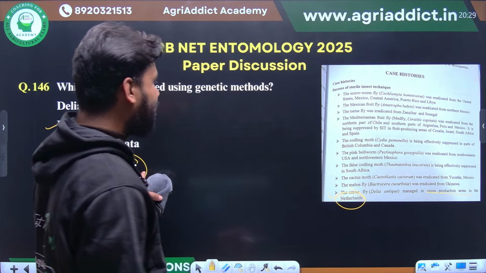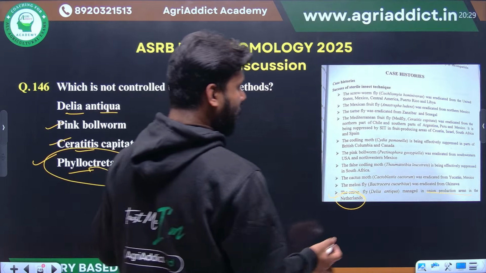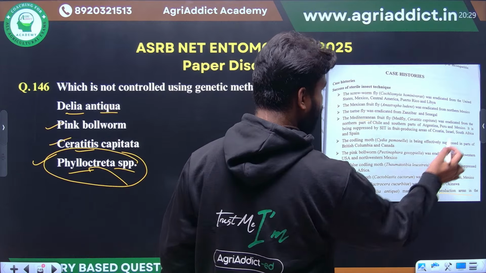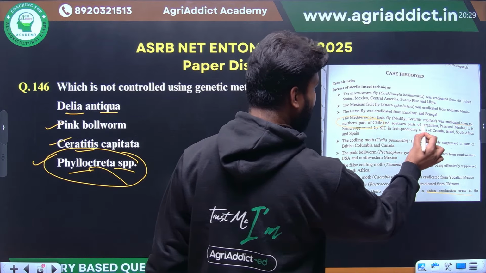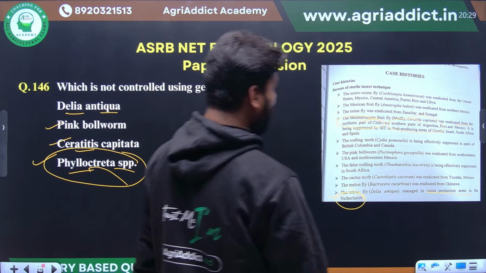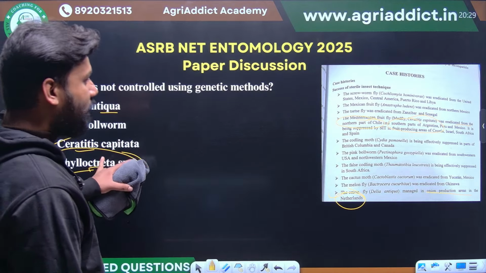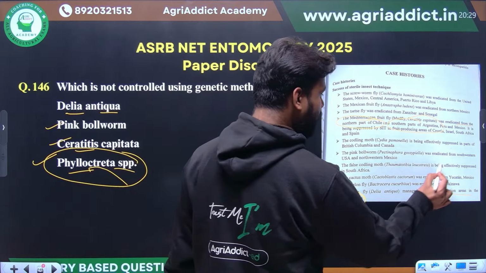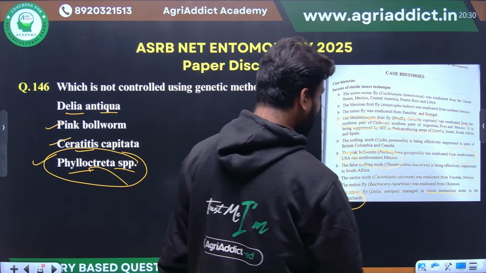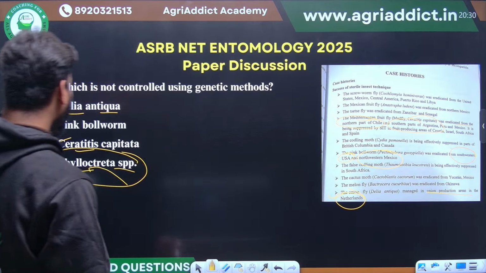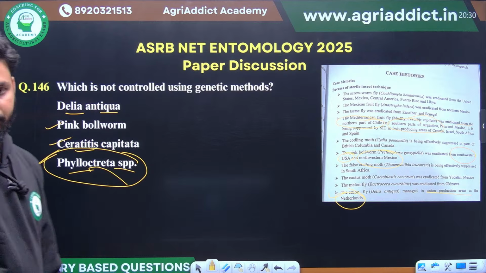Then Ceratitis capitata, that is Mediterranean fruit fly or medfly, is also eradicated from the northern part of Chile and southern parts of Argentina and Peru. Pink bollworm is also eradicated from western USA and northwestern Mexico. So the correct answer will be Phylocteta species.